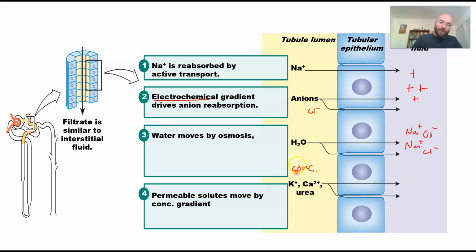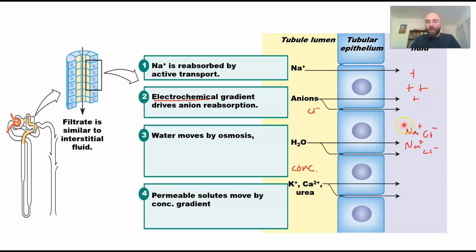So they're going to move from the filtrate side towards the extracellular fluid side here. And so just by concentration gradients, these three are going to move down through channels, sometimes between cells if they can, but they'll move down their concentration gradients towards the side where there is now less of them. So first thing we move is sodium, then our anions, the negatively charged ions, are going to follow.